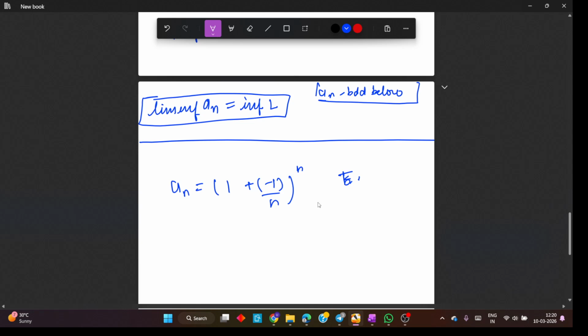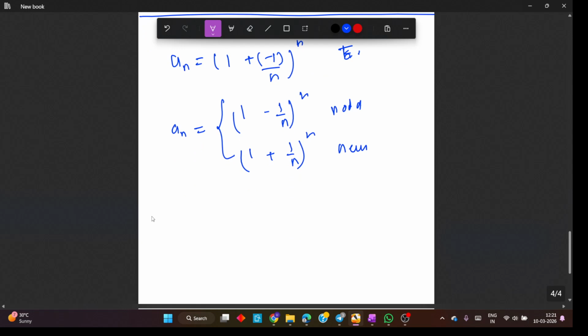First we can see that it is a bounded sequence. We can divide the sequence in terms of even and odd terms. If n is an odd number, a_n would be (1 - 1/n)^n, and if n is even, then it will be (1 + 1/n)^n.